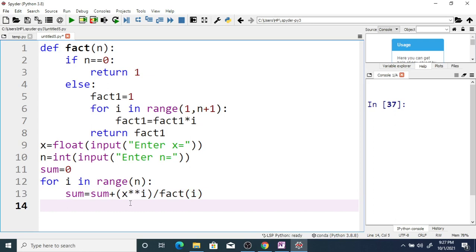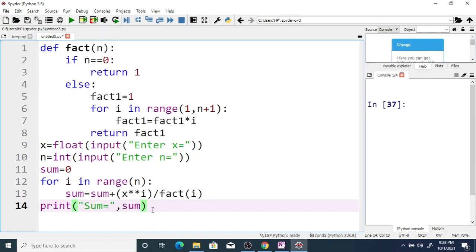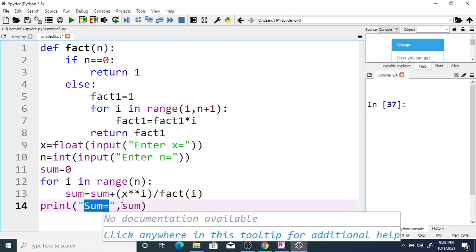Finally we are going to print the value of e raised to x is equal to, or you can write the sum is equal to, say sum. So this is an approximate value of e raised to x. You can write here also the value of e raised to x using series.